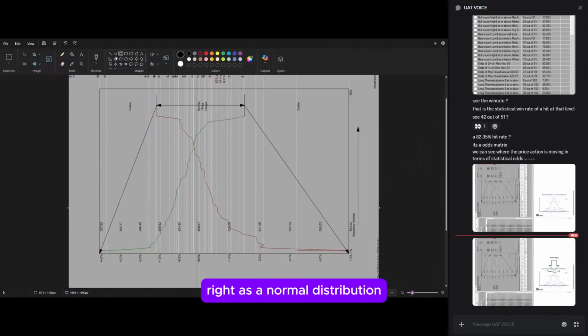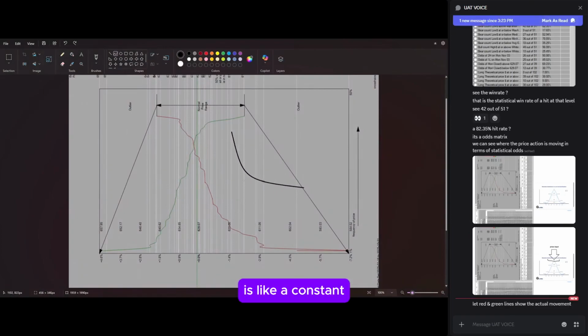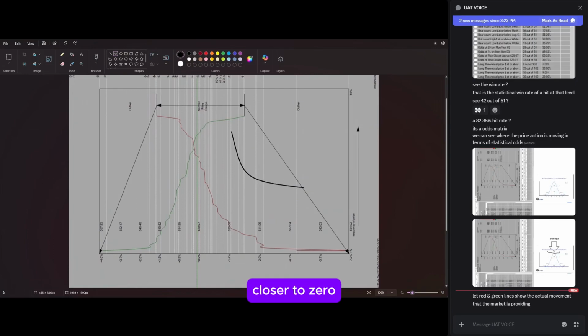In a normal distribution, the further you get from the center of your graph, the function is like a constant exponential function, getting asymptotically closer to zero but never reaching it. What this models is that a 7.2% move doesn't occur 1% of the time. It occurs 0.00001% of the time.